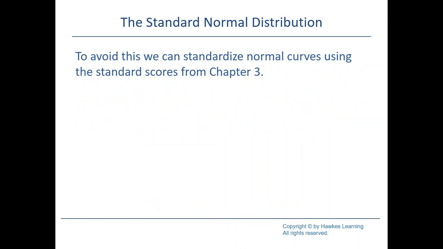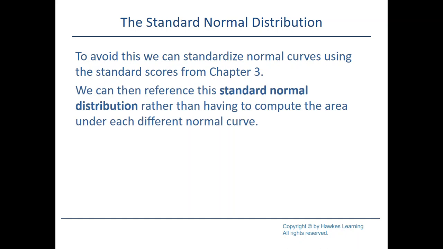To avoid doing 4 different probabilities, I can standardize each one of the values and then just use one type of distribution. We learned how to standardize scores back in chapter 3, and we can then reference what we call the standard normal distribution rather than computing the area under each different normal curve.